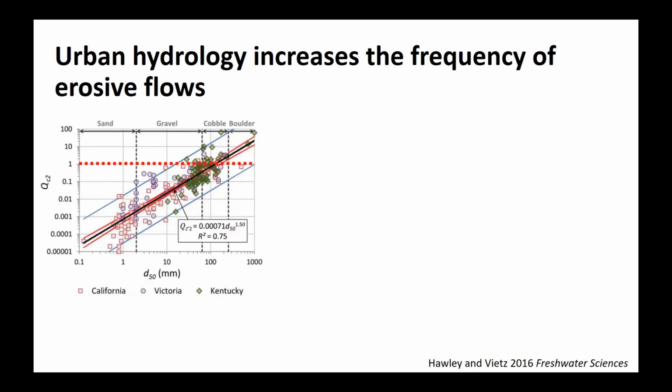And we don't expect to see large particles like cobbles and boulders moved except for in these larger storms, these 2-year storm events. But when we change urban hydrology, we also change the frequency and the duration of those erosive flows.